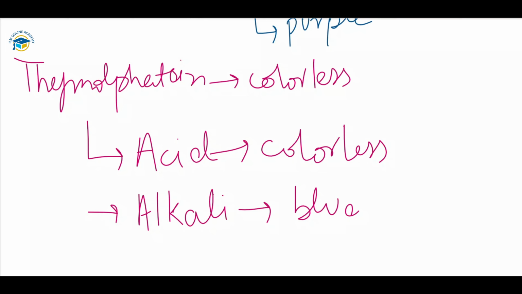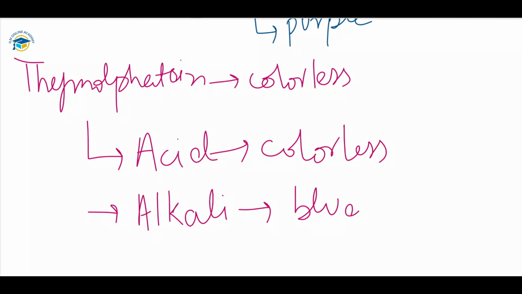So we have different indicators and they have different color changes. So phenolphthalein, which is the acid base indicator, is colorless in the acidic solutions and blue in the alkaline solutions.